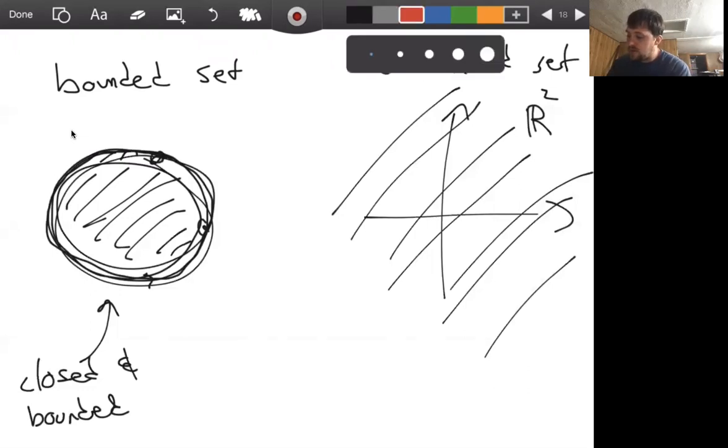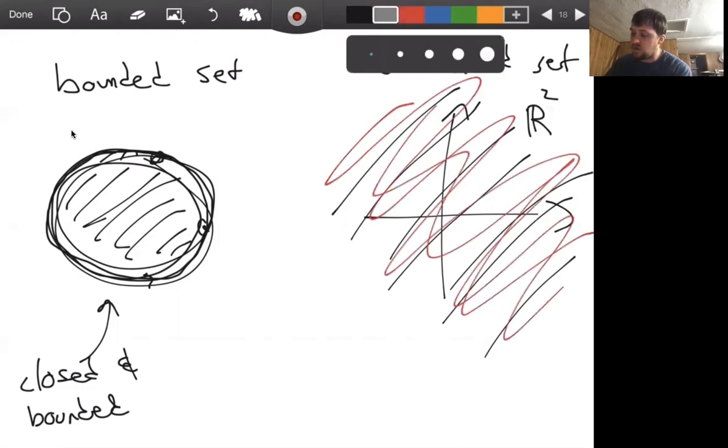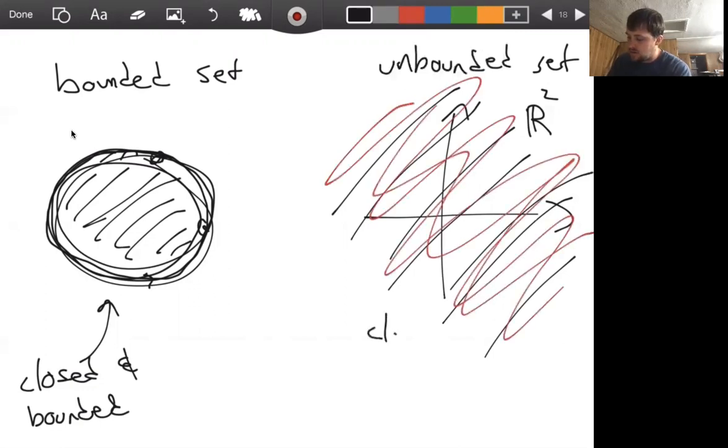But the real two-dimensional space, R2, well, this is closed because it contains all of its limit points, right? You can have limits that are infinity, right? But the real plane contains all of its limit points.